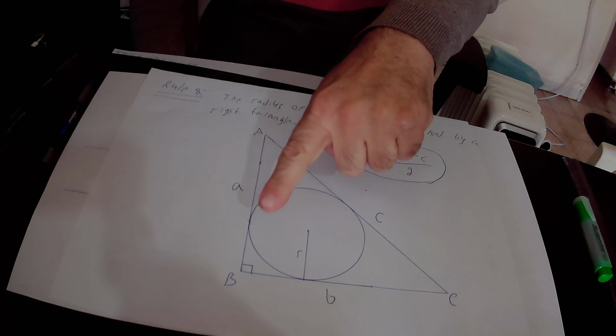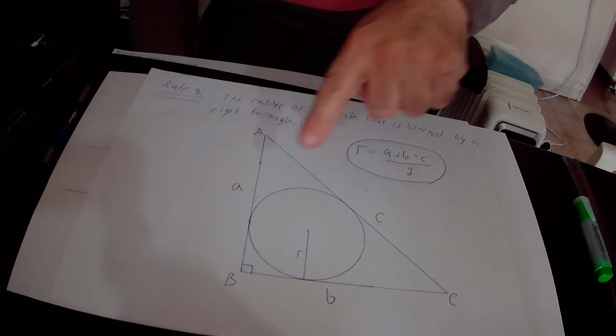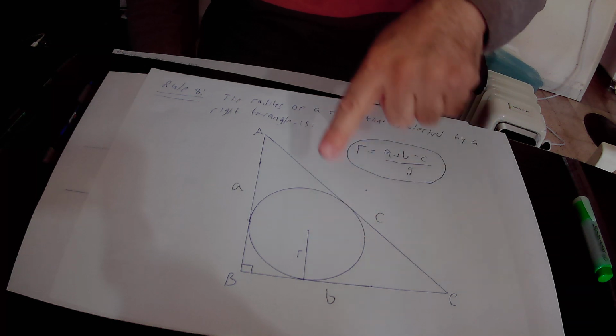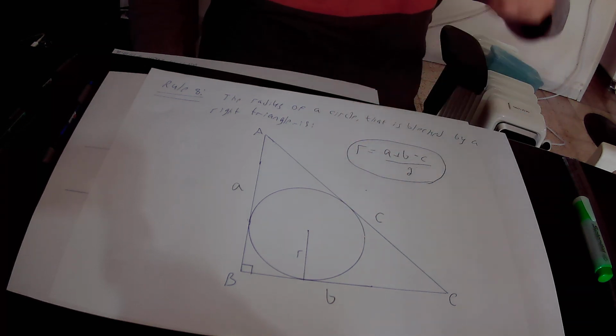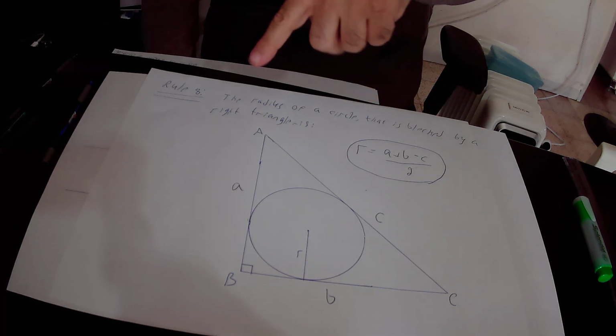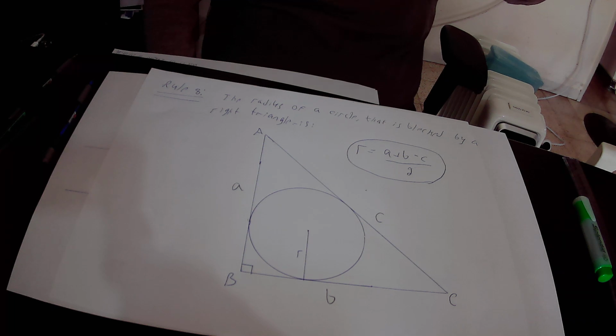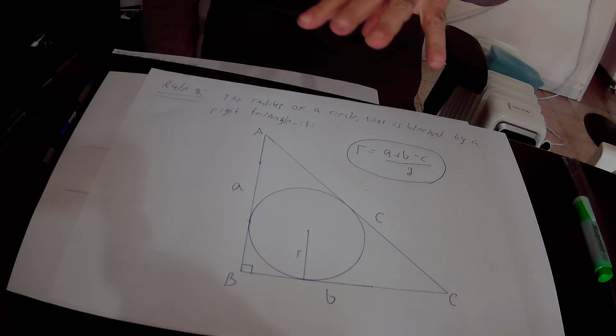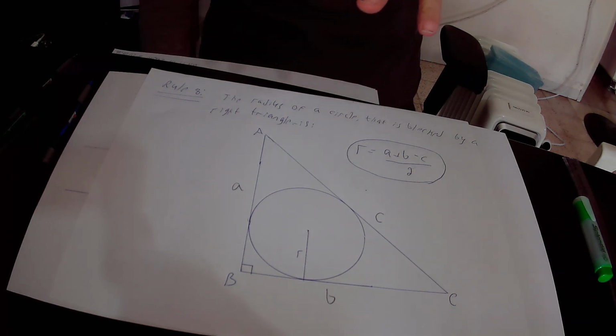Angle ABC equals 90 degrees. Side AB equals A units in its length. Side BC equals B units in its length. And the hypotenuse AC equals C units in its length. Then we can find out the radius of this circle that is blocked by this right triangle only by knowing the lengths of the sides of the right triangle ABC.